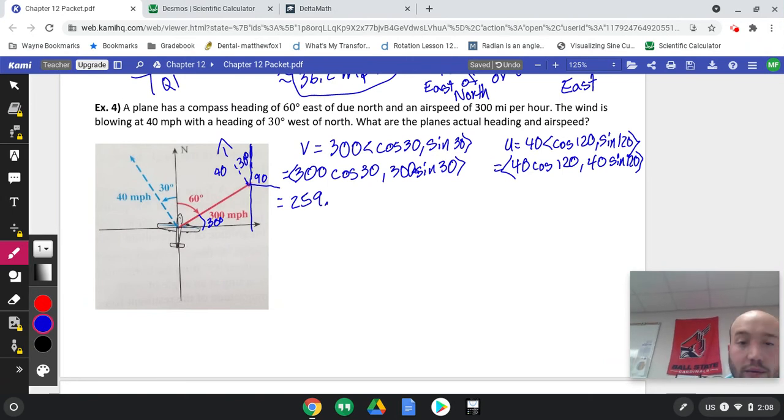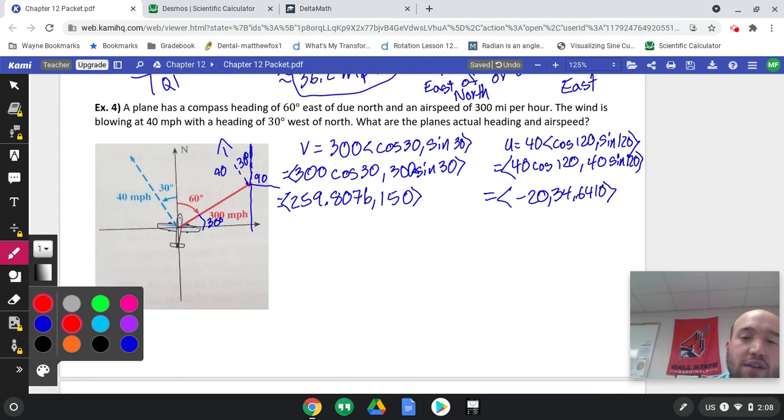So 259.8076. And then for this one, it's 150. Meanwhile, for u, we get negative 20 and 34.6410. Now these, all we got to do is add them together.